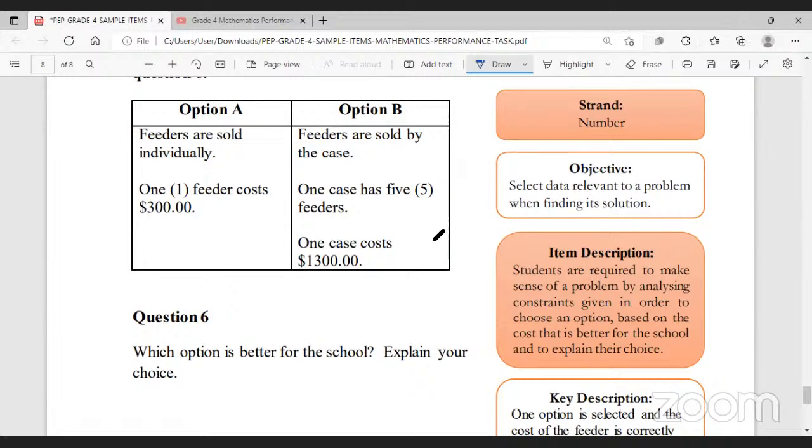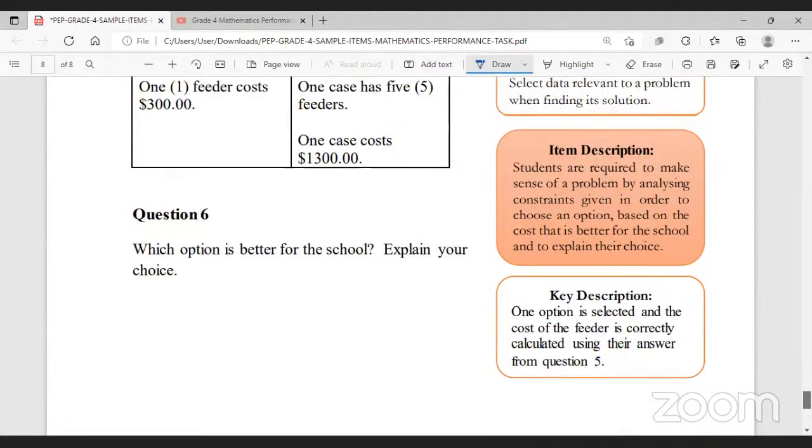And for option A now, while 5 feeders is 1,500, if we were supposed to buy another 2 feeders, that would be 2,100. It is the better option because we would save the additional $500 of purchasing 3 feeders unnecessarily that we don't need. All right, so it's definitely option A.